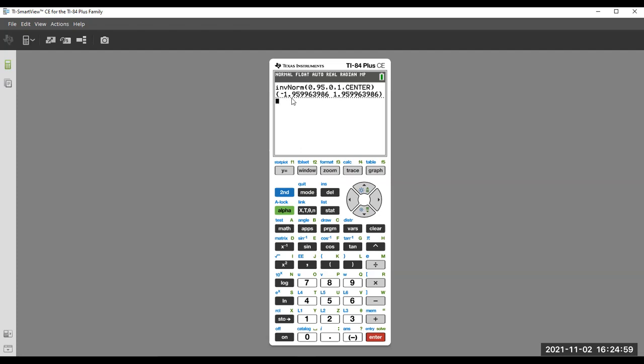I usually round these to 3 decimal places. So it's a 1.959. That means this really needs to be looked at. So 1.96. Let me just make a note of that over here. Plus and minus 1.96. Now, suppose you didn't have one of these newer versions of the TI-84.